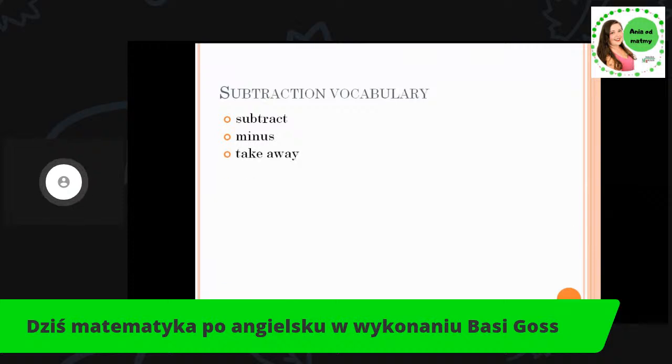We had take away. Sold and left, in one of the questions. Reduce. That's another word that is suggesting that we're going to use minus, because the price is probably going to be lower.